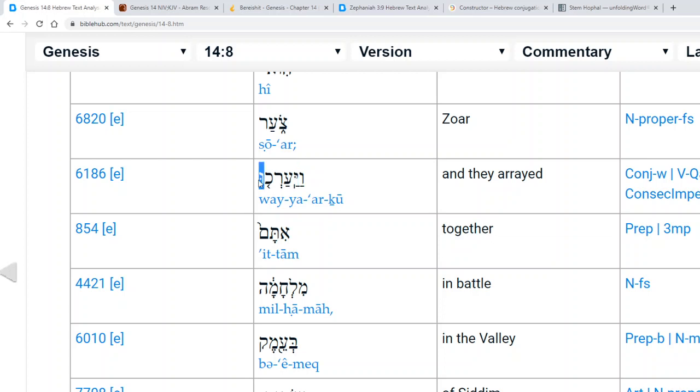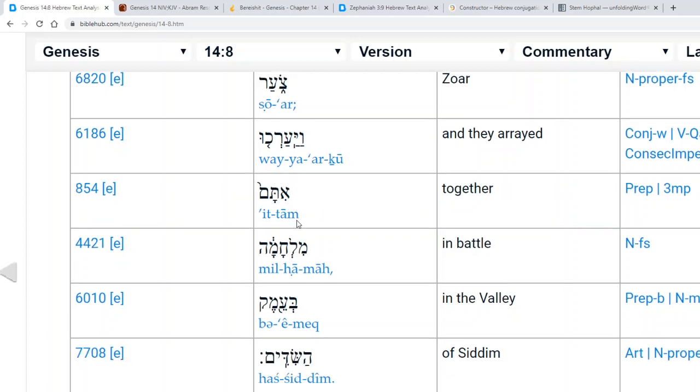The vav is the third person masculine plural imperfect, getting flipped with the vav, and they arranged with them, itam, right? It would be otam if it was the direct object marker. This is the preposition itam, with them.